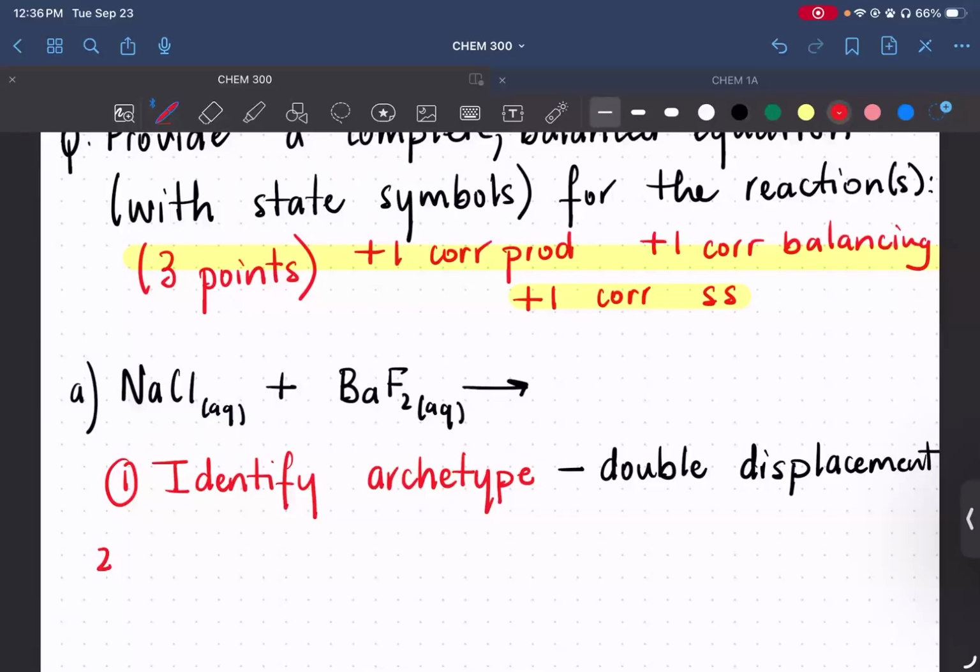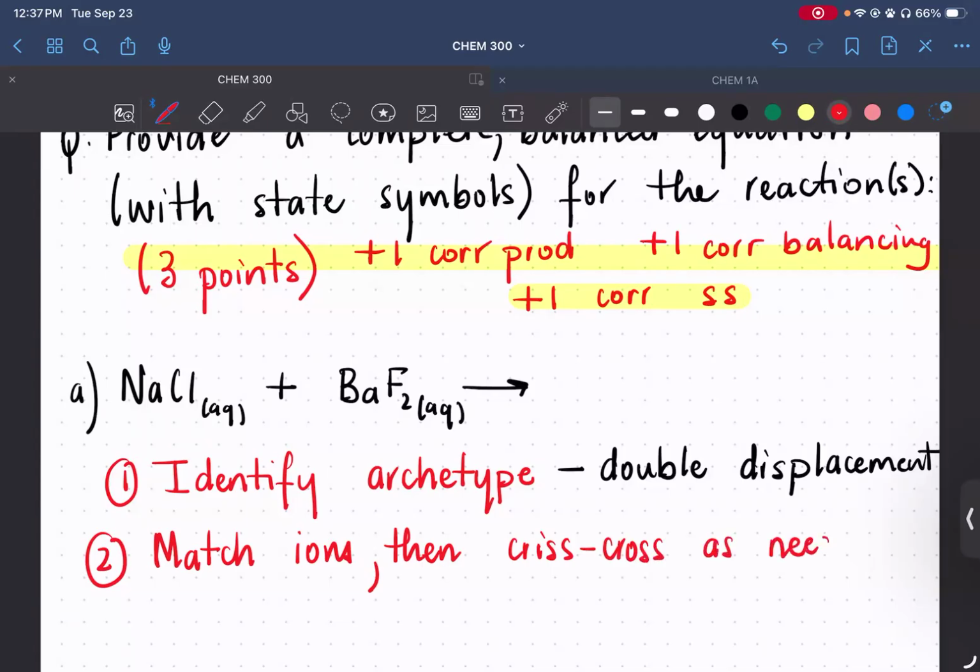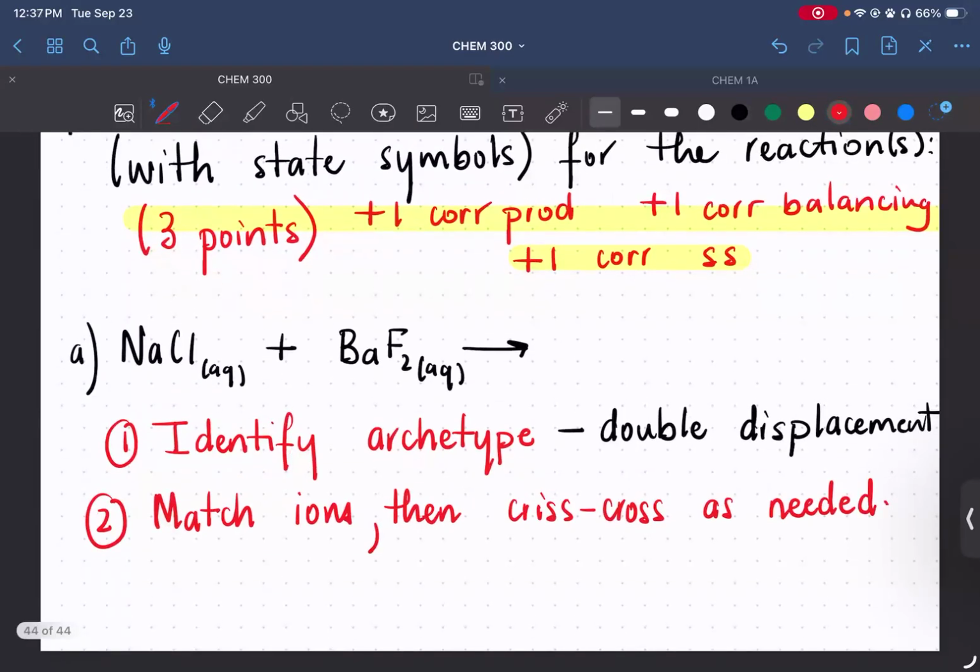Once we identify the archetype, we are going to match ions. Then we're going to crisscross as needed. Finally, after crisscross, we will balance the reaction and include state symbols.